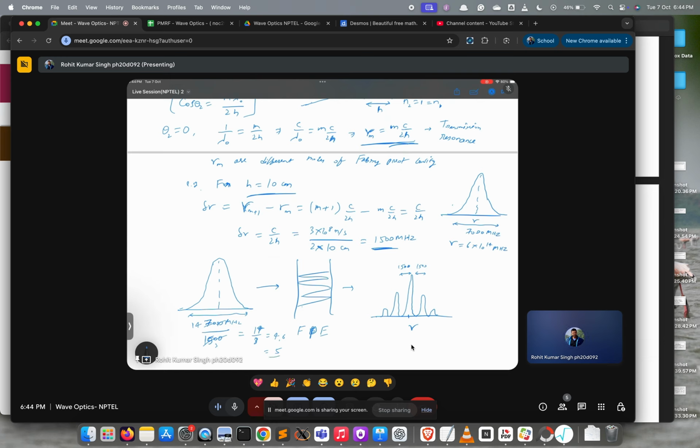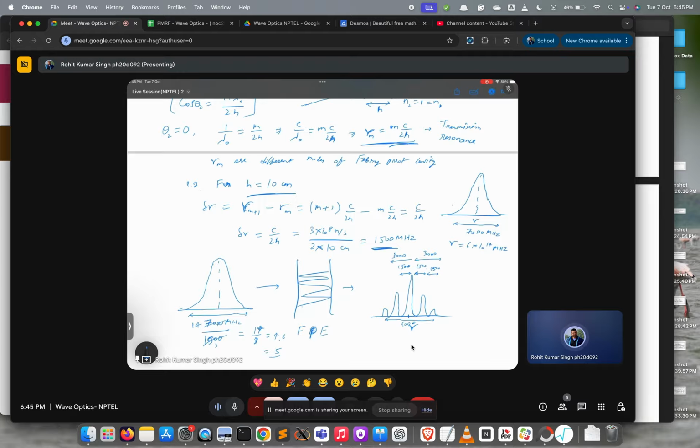Because the spacing between the two peaks should be 1500, so 1500 here, and then again 1500 here, right? So here you have in total 3000, and here also you have in total 3000. So in total, peak to peak you have 6000 spread.